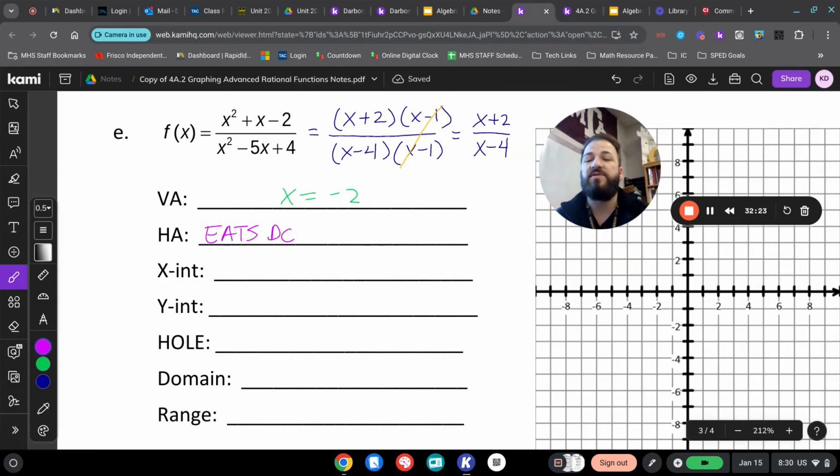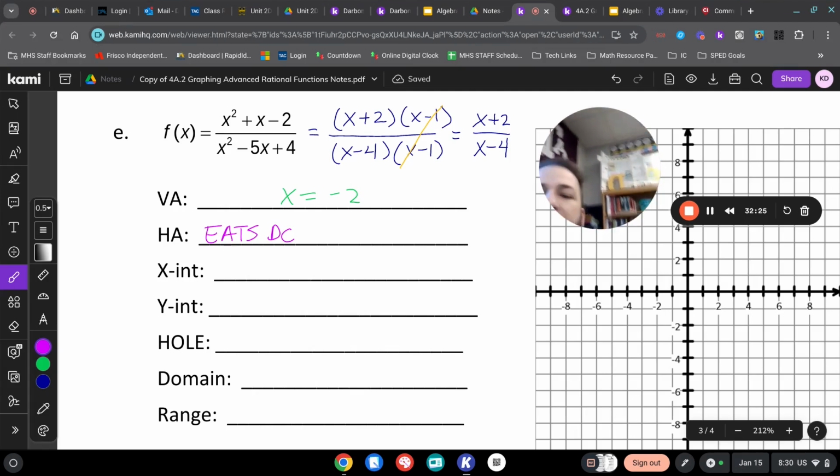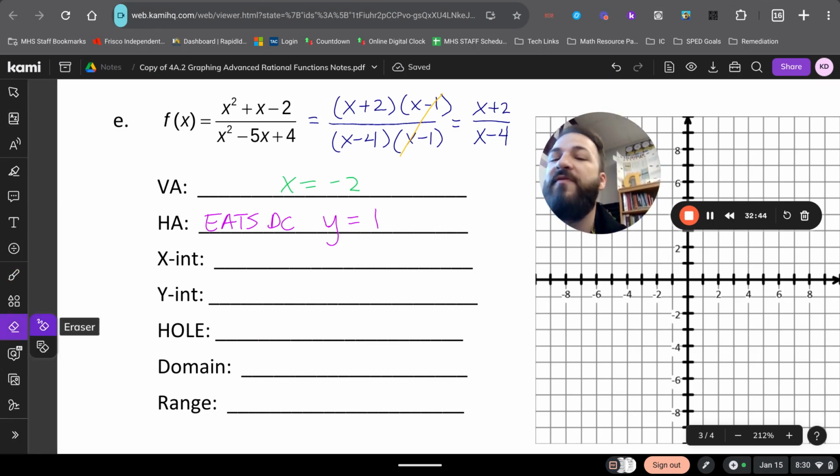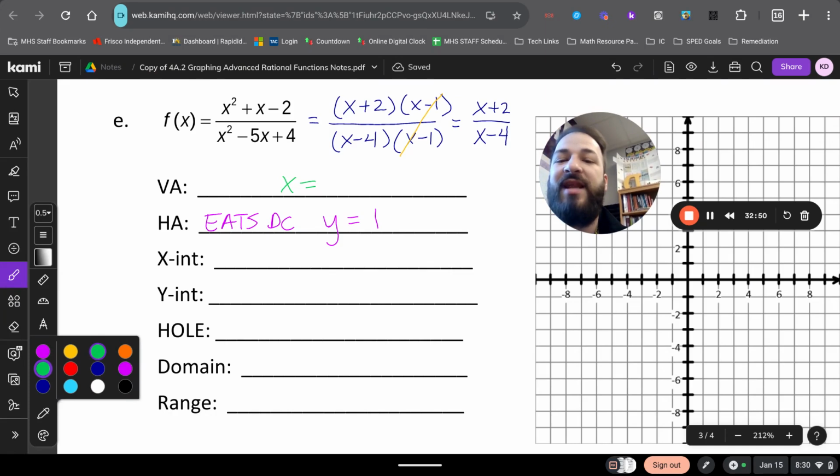Because those exponents are the same, we're going to divide those coefficients. So 1 over 1 would give us y is equal to 1. Oh, and a slight correction, y'all, because I realize I'm being crazy. Our vertical asymptotes come from factors in the denominator, so this should be x equals positive 4, not x equals negative 2.